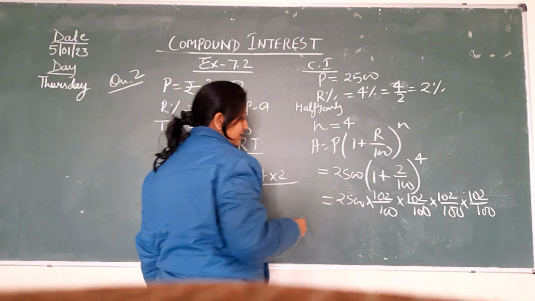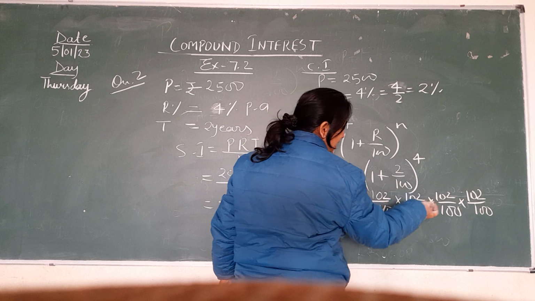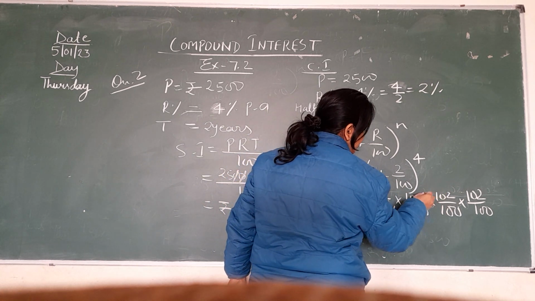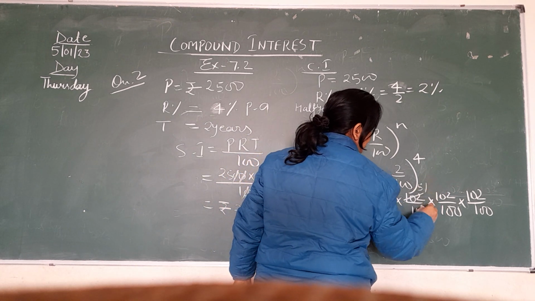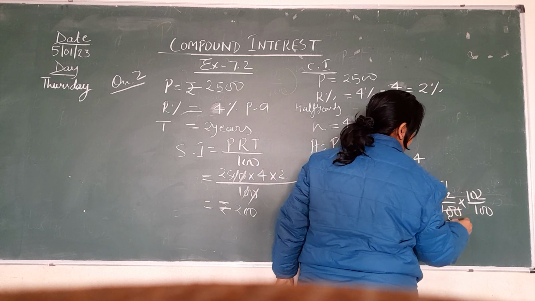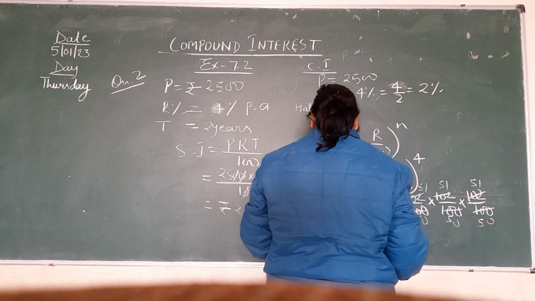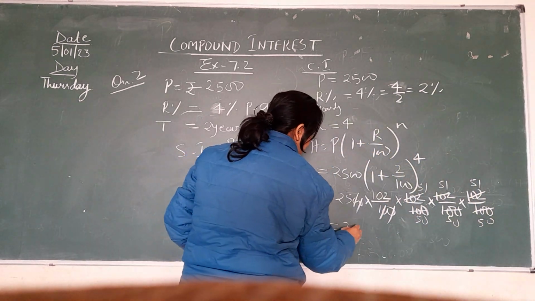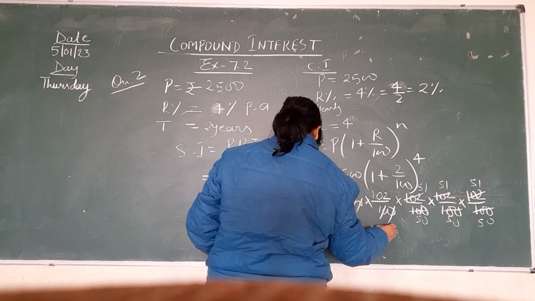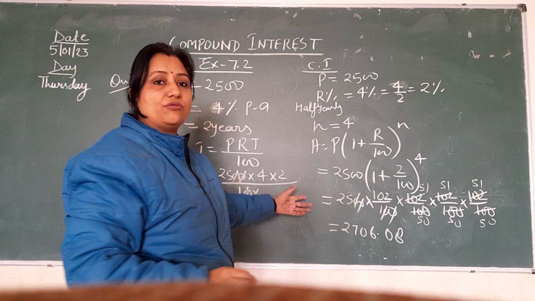So after solving, the 0s will cancel out, and 2 fives are 10, 2 ones are 2, so 51 upon 50, 51 upon 50, and after solving we will get 2706.08. This is the amount.